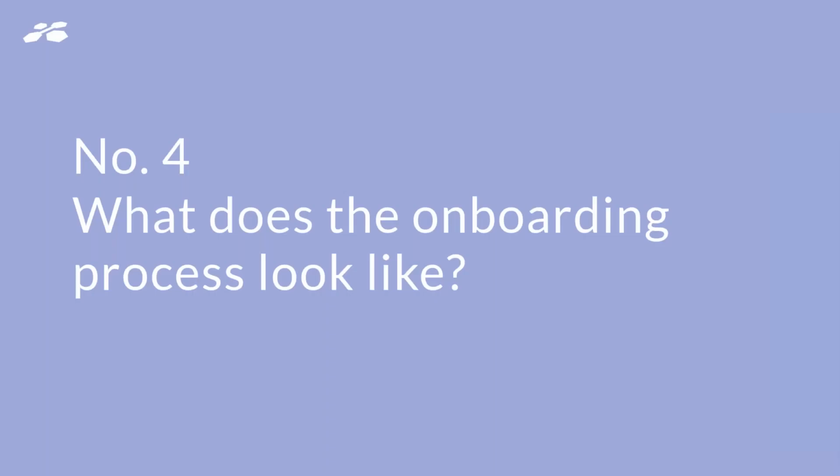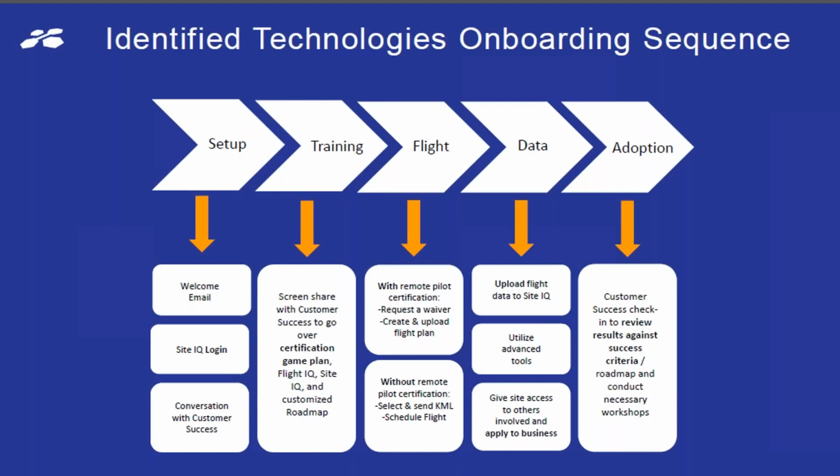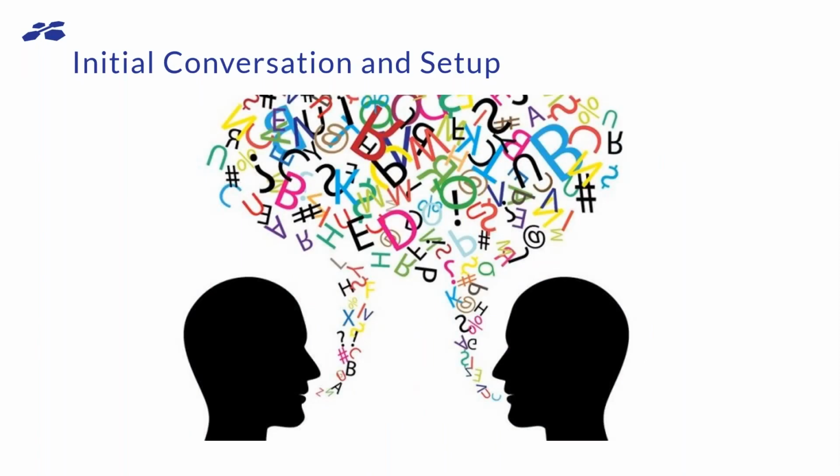So if the general value that we offer, the features, sound appealing to you, I'm just going to take a minute and talk a little bit about what the onboarding process looks like. You'll meet with Cassie, our client success manager, who will take you through the setup, training, flight, data, and adoption.